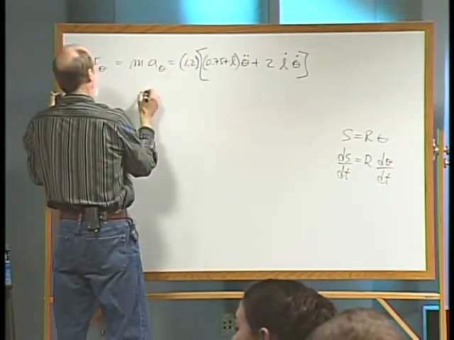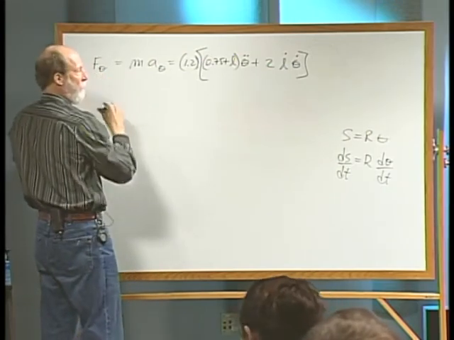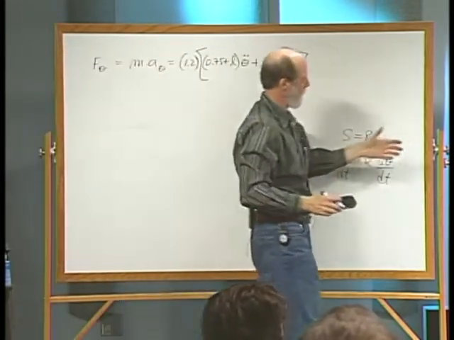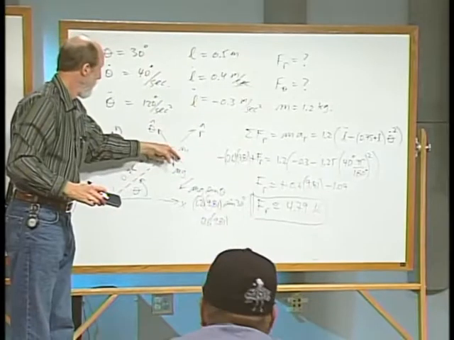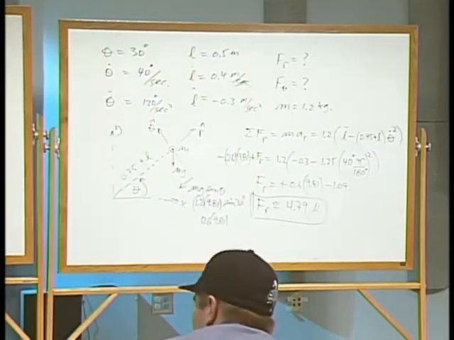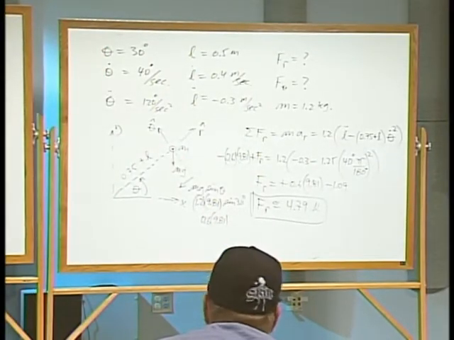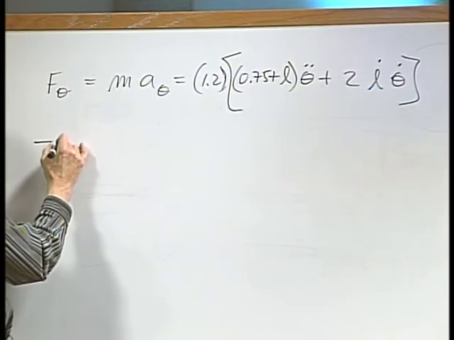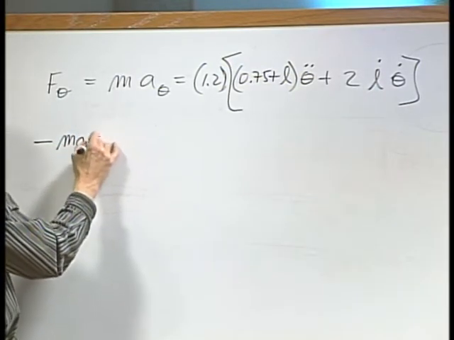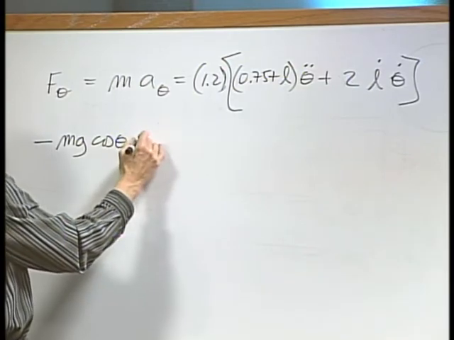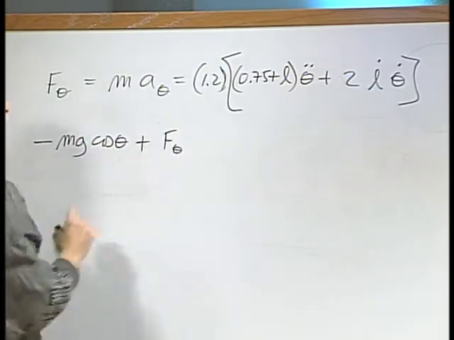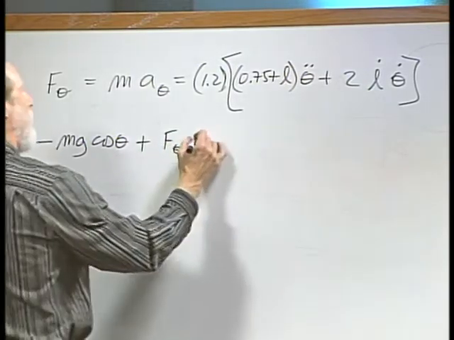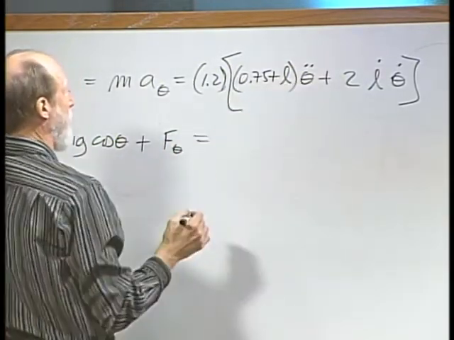We can drop the numbers in there, and then let's write our equations based once again on our picture. In the theta direction, we have the other component of the weight, which opposes the theta direction. So we have mg cosine of theta, plus the remaining theta force, must equal this calculated value.